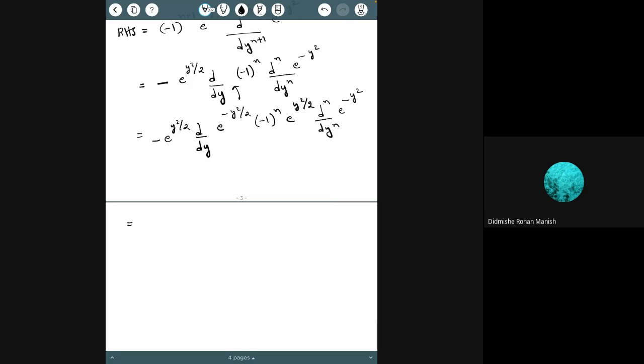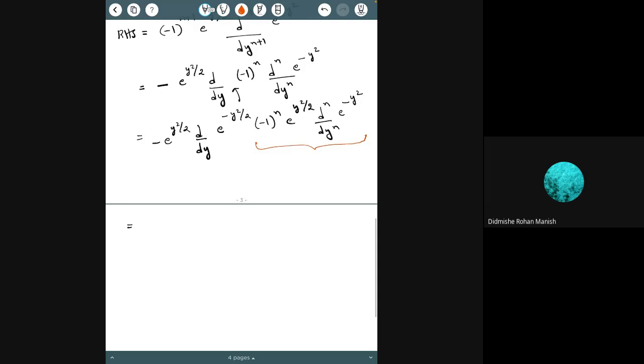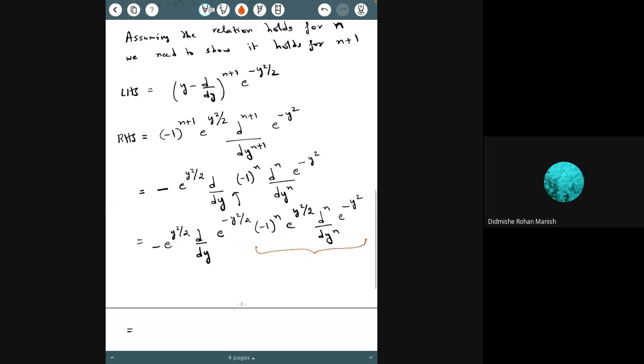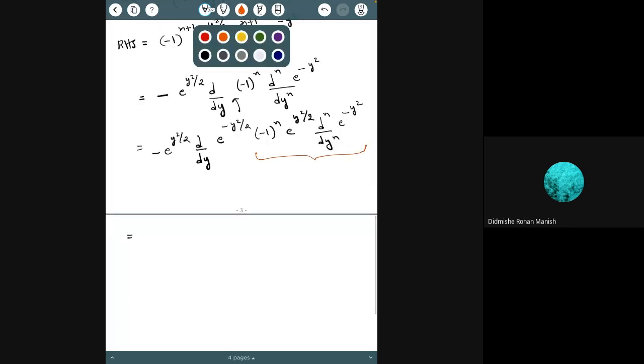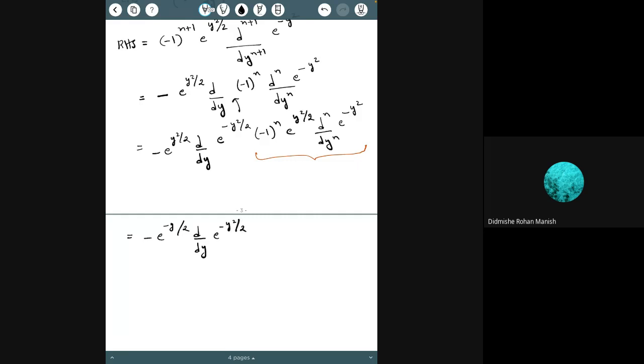So then we can call this quantity, which is basically the right hand side when we have the relation for n equal to n, the left hand side, and the left hand side for n equal to n is y minus d/dy whole to the power n e to the power minus y squared by 2.